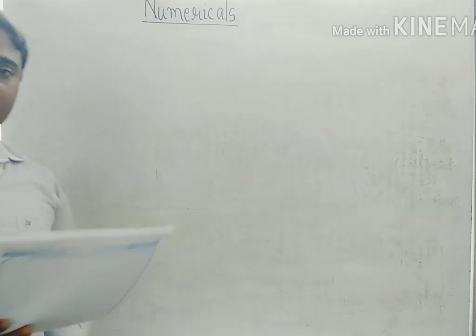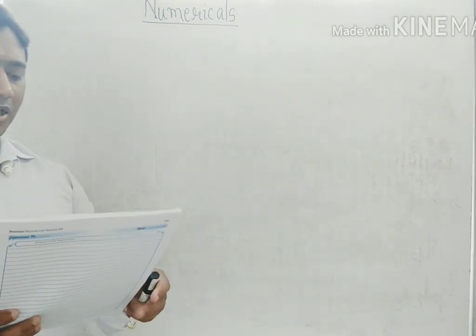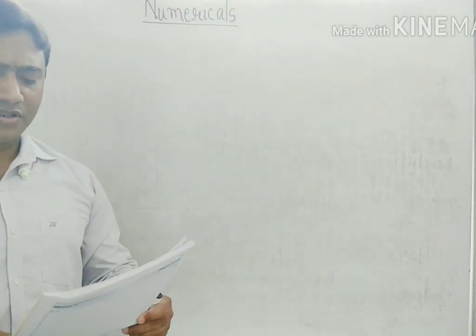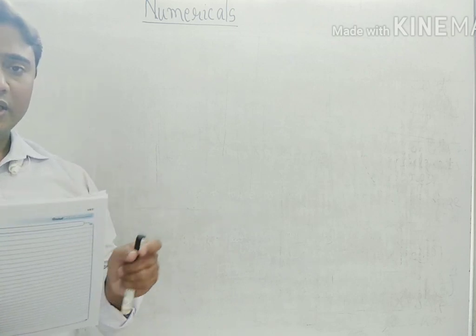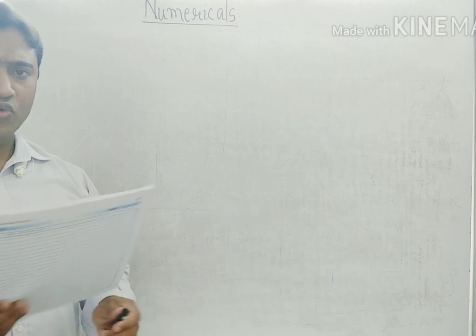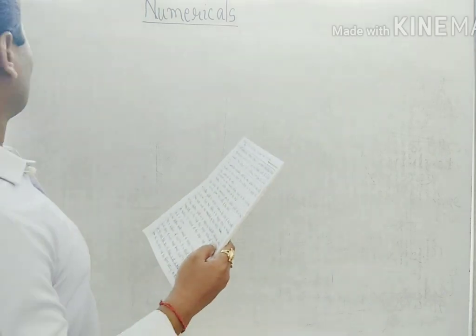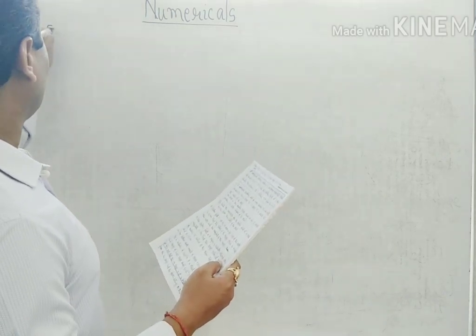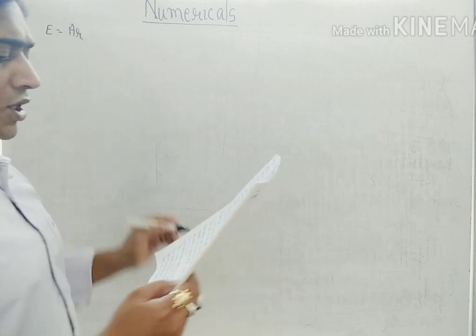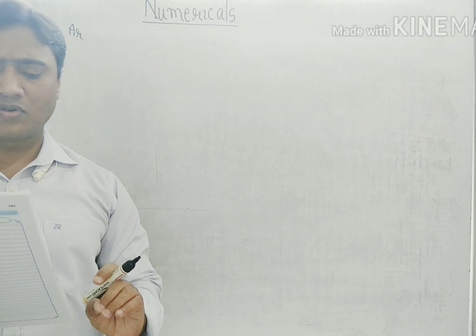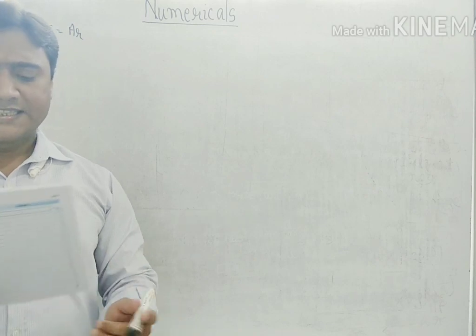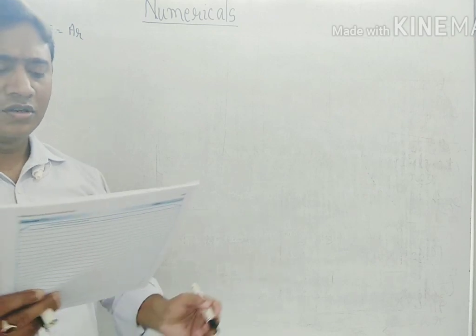Okay, so now let's have the third question. The electric field in a region is radially outward with magnitude E equals A into r. Find the charge contained in a sphere of radius a centered at the origin.